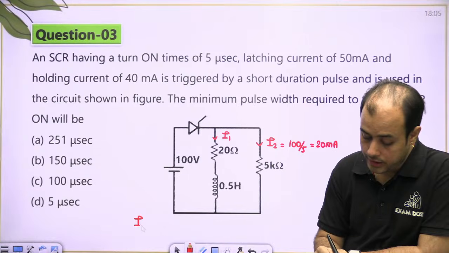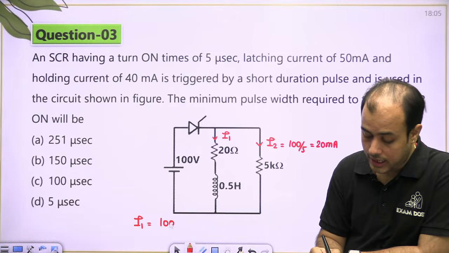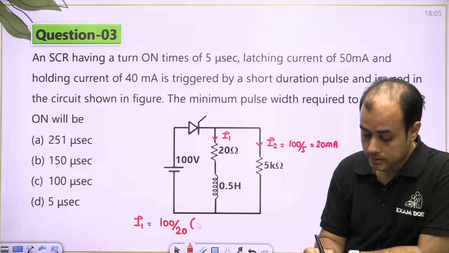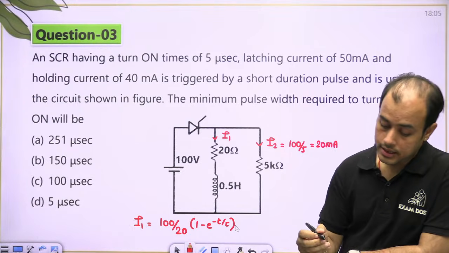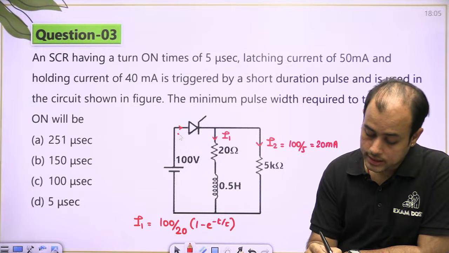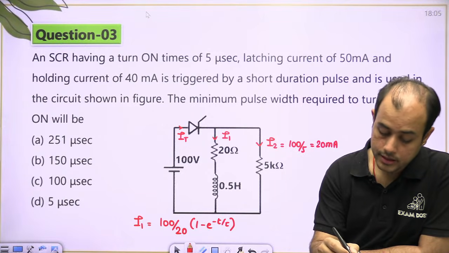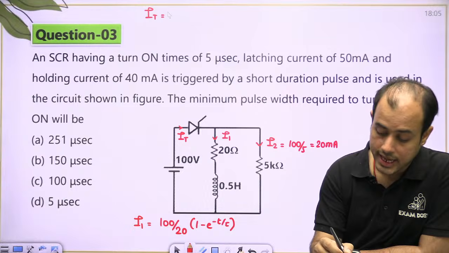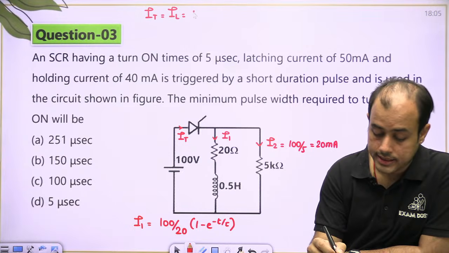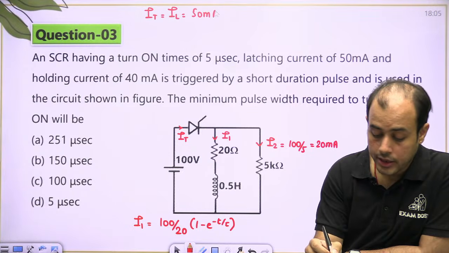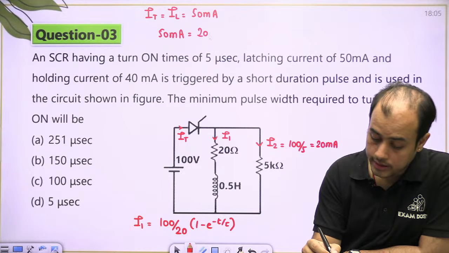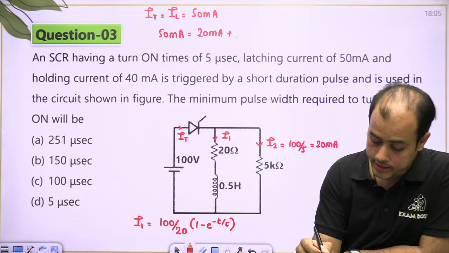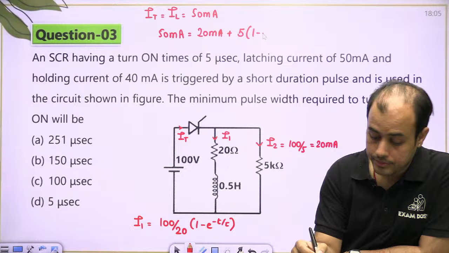So I1 will be the current of an RL circuit. Now what I want is the thyristor current should be equal to the latching current for SCR to turn on. During turn on, do not worry about the holding current. So it is the sum of the two currents, 20 plus 5.